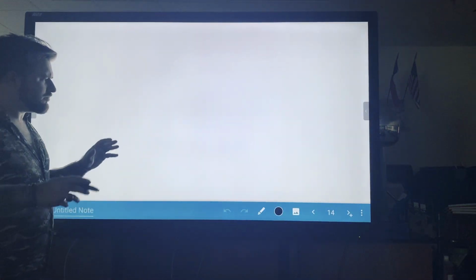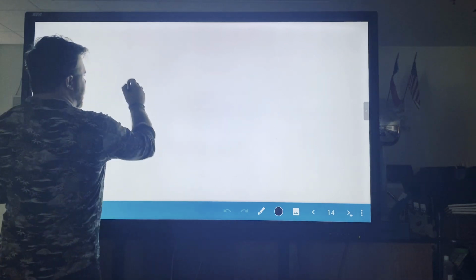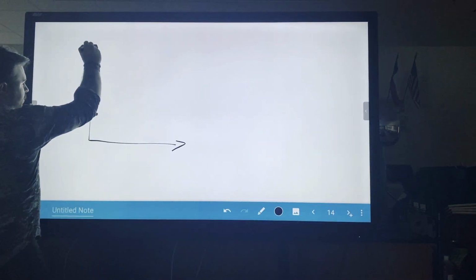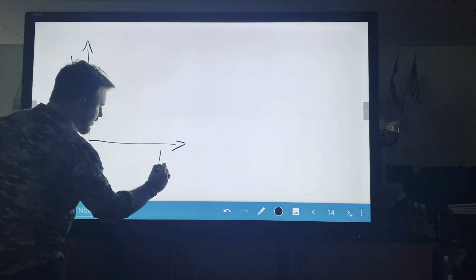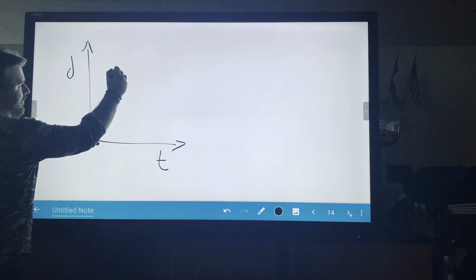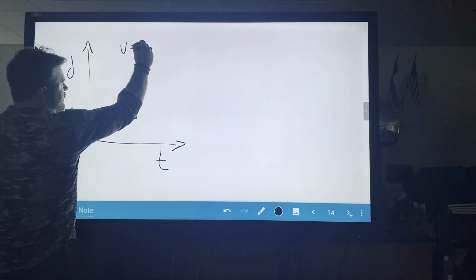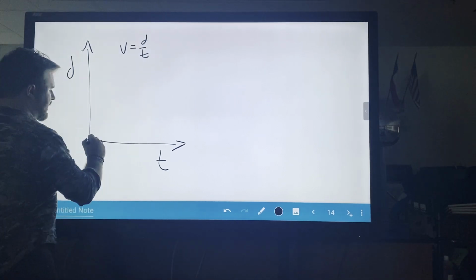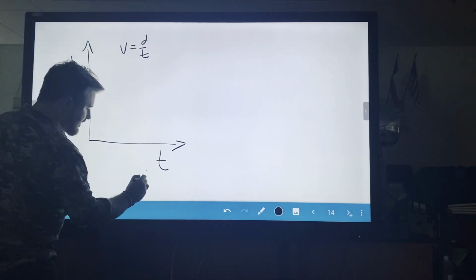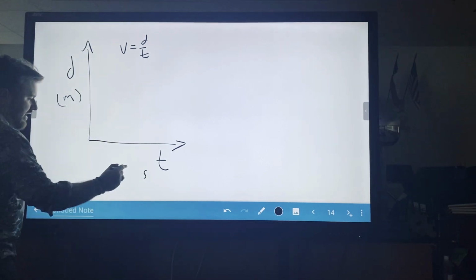Now, let's freshen this up. Check this out. If I have a graph that shows you distance and time, distance over time. Velocity is distance over time, right? V is equal to d over t. This is a graph of d over t, meters over seconds, meters per second.